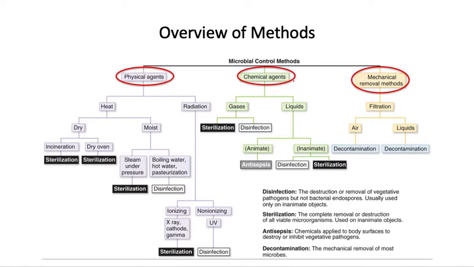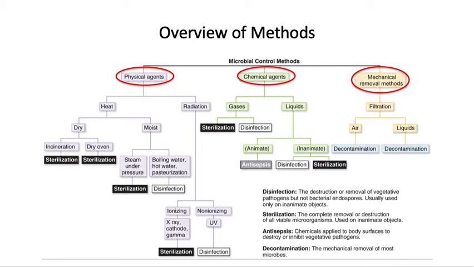So something like chlorine or bromine, all of the different complex chemicals that are in your Lysol wipes, those are made up of things that are on the periodic table. So we would call them chemical agents. A physical agent will be something that will involve either heat or radiation. And so these aren't substances that are chemicals on the periodic table.